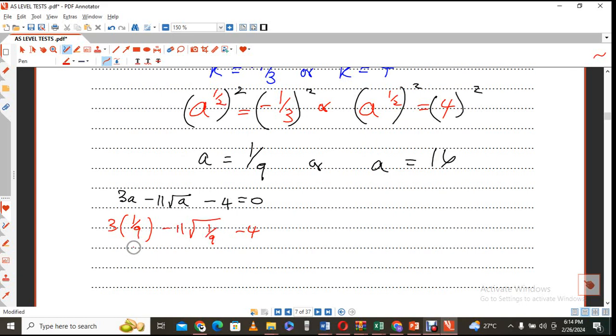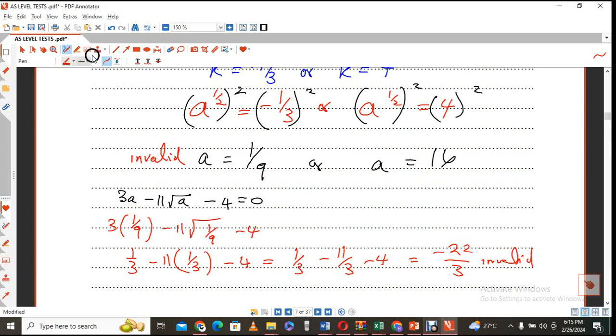So this is a third minus 11 times another third minus 4. So this gives me a third minus 11 over 3 minus 4, which gives me about minus 22 over 3. Of course, this is invalid because it doesn't give me 0. So 1 over 9 will not work.